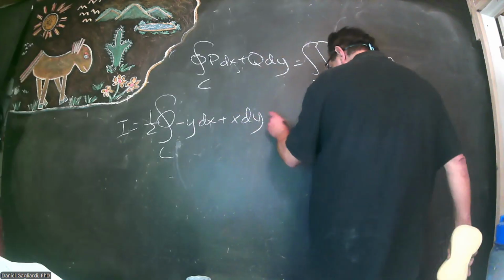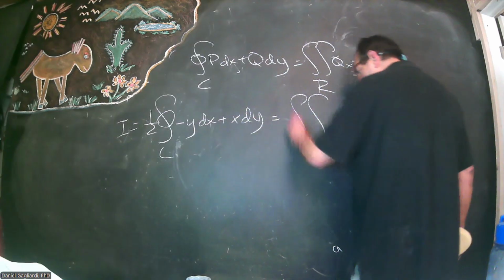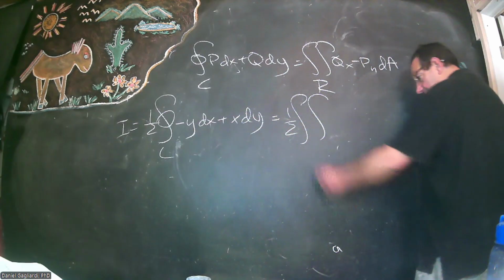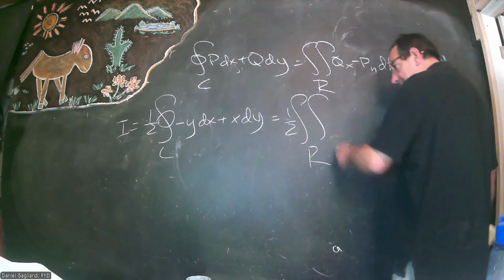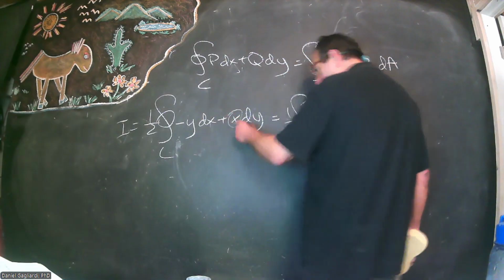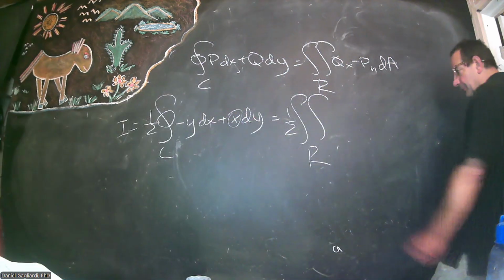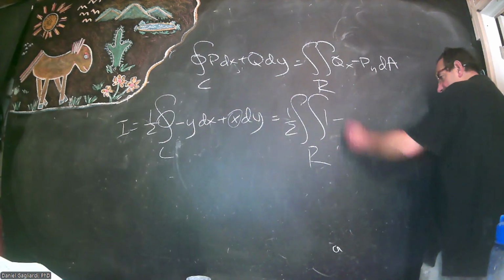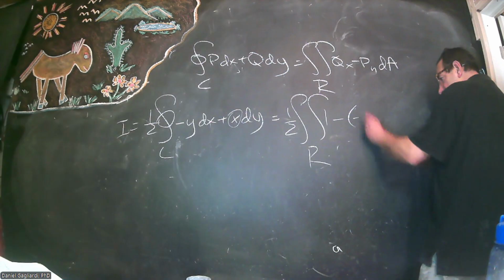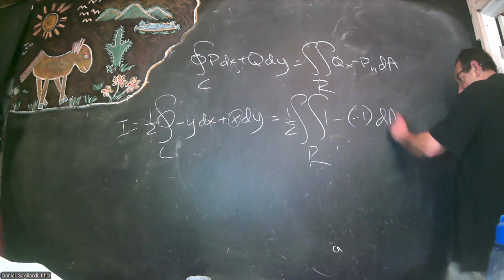Well, according to Green's theorem, the 1/2 comes out front. We have the double integral over R of Q sub x minus P sub y. But look what Q sub x is. Q sub x is equal to 1. And look what P sub y is. P sub y is negative 1. So we have 1 minus a negative 1, and that's dA.